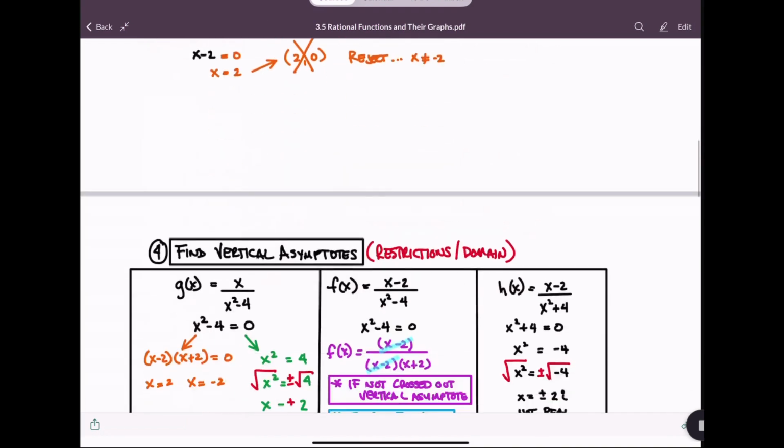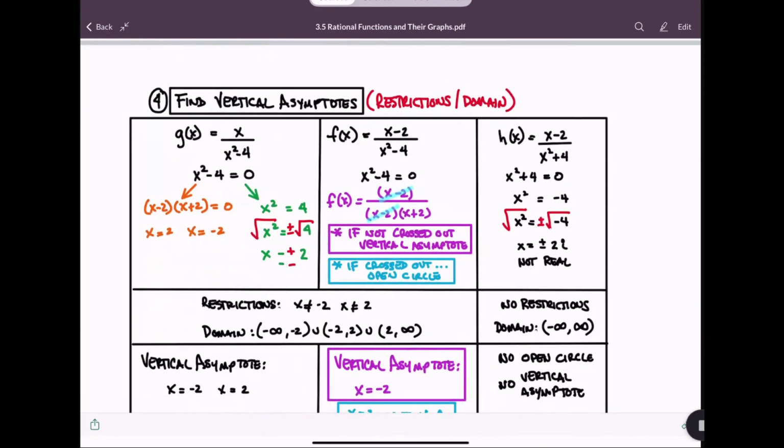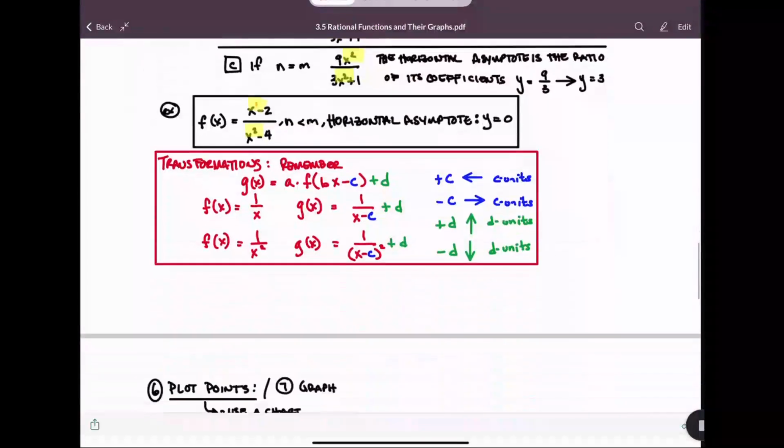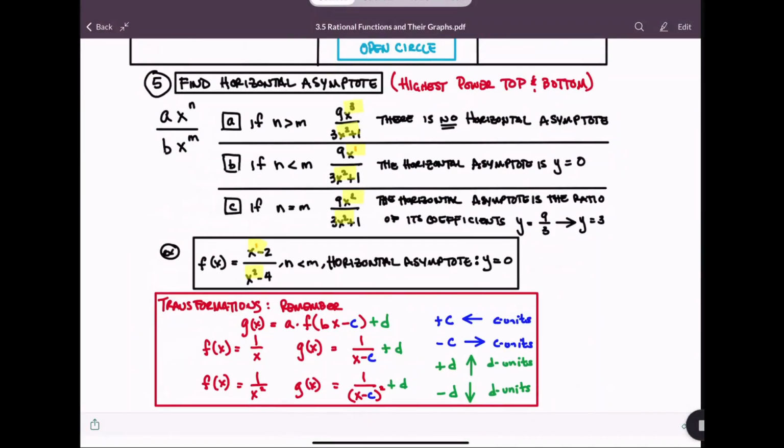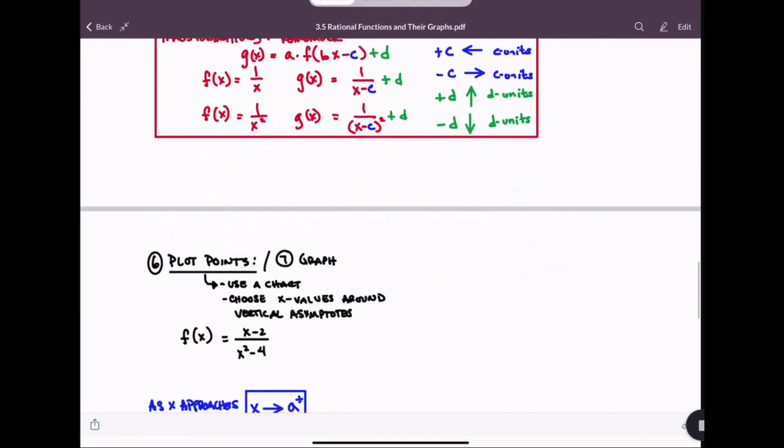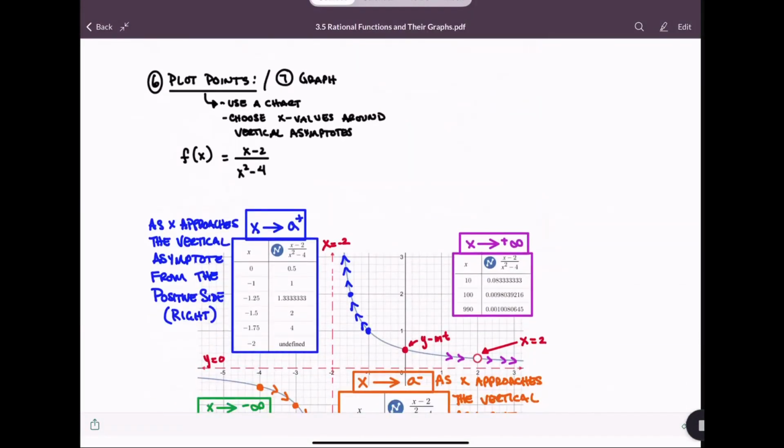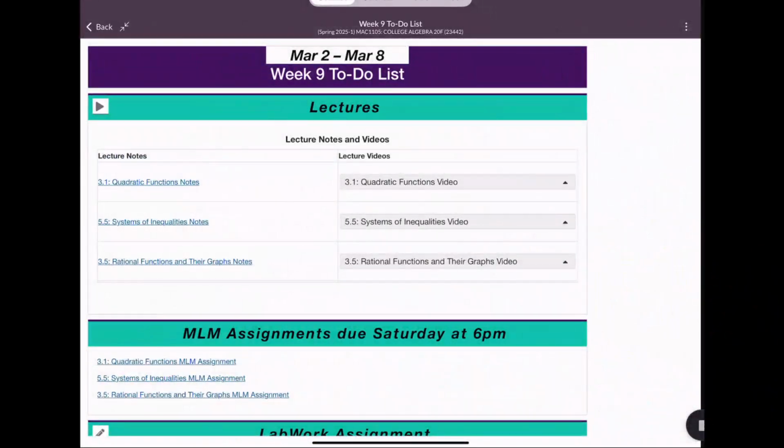Then we're going to learn about vertical asymptotes and horizontal asymptotes. And then we're going to have to plot points, meaning we're going to have to make a table. And then we're going to graph the graph itself. So that is just one of those notes.